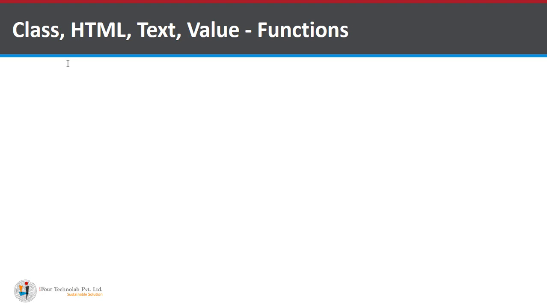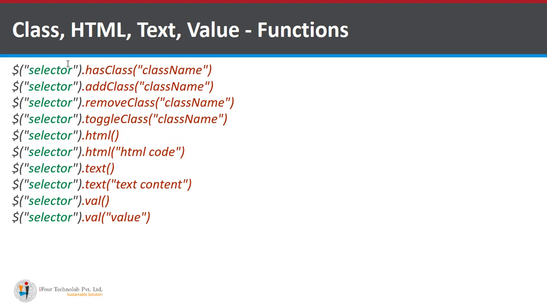Next are the class, HTML, text, value functions. Following are the functions. First one is to check if a given class exists on a specific element or not, that is $ selector .hasClass with the class name. Similarly, if you want to add a class, then you have to use .addClass.